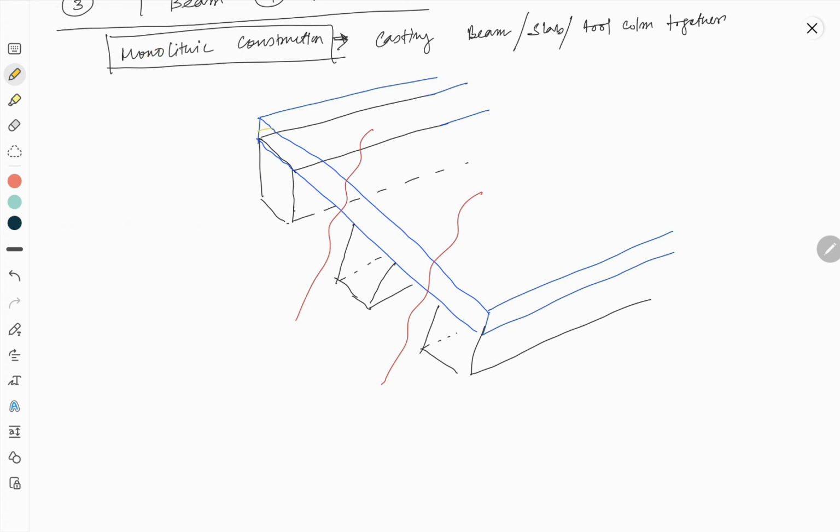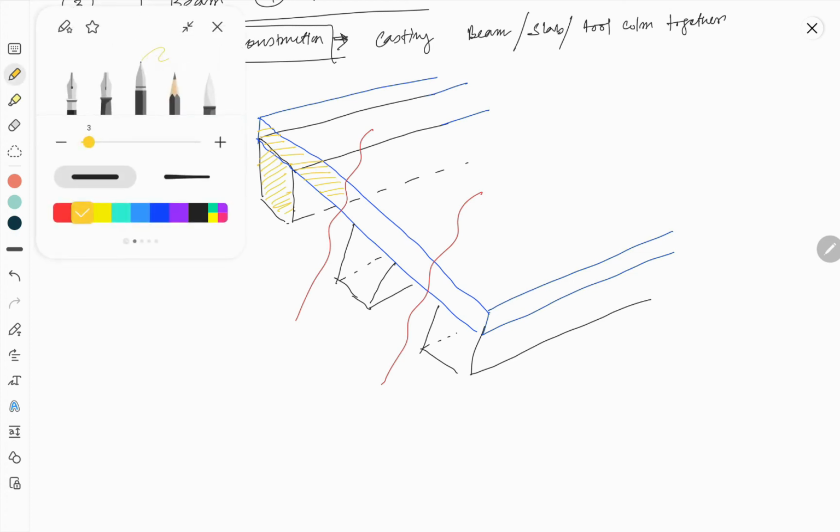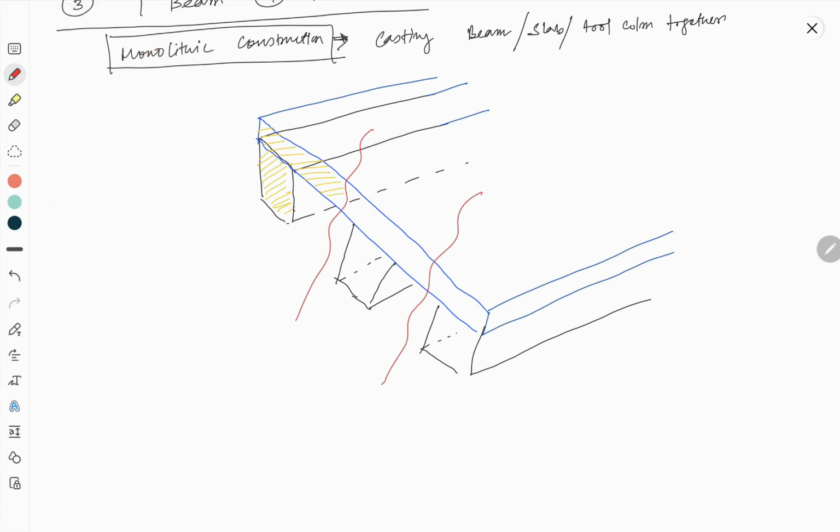One section is like this, one section is like this, and one section is like this.